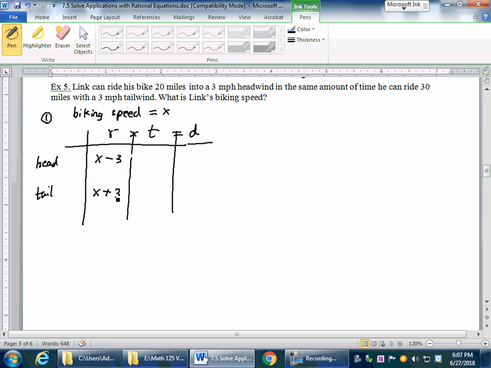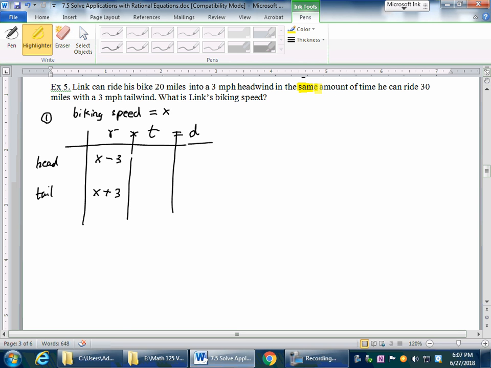Now we got the rates already, and we want to find out the time. Now, it tells you that the amount of time that they travel using the headwind and the tailwind is the same, okay? The same amount of time.